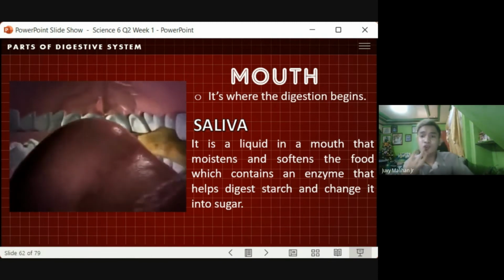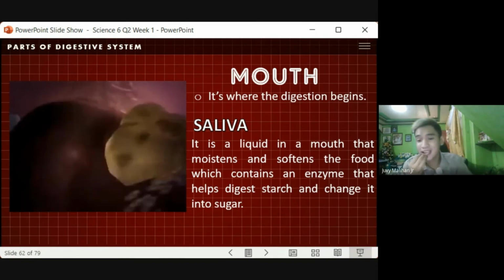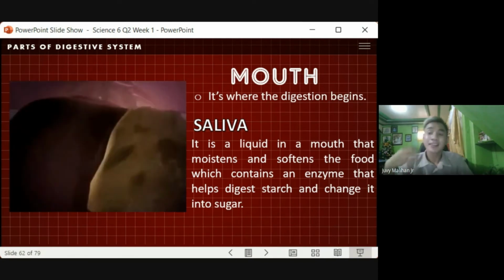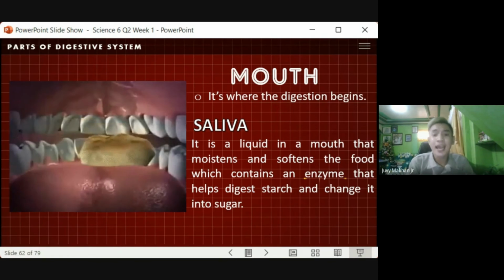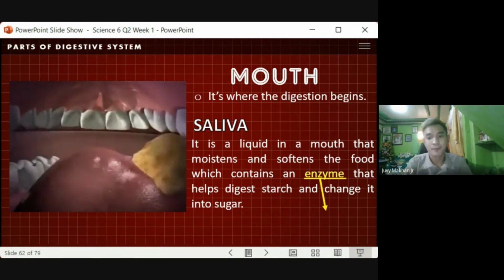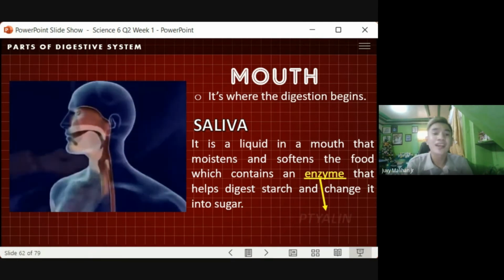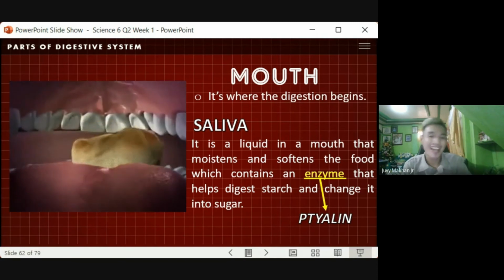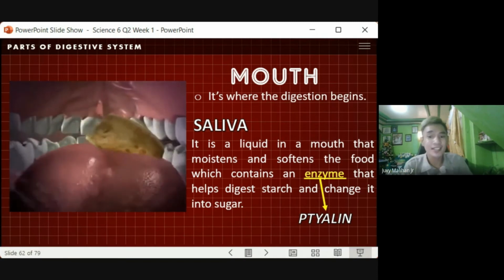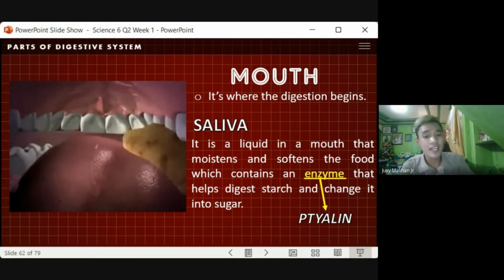When chewing, the food is softened and moistened by the saliva from the salivary glands. This enzyme in the saliva is called ptyalin. Again, ptyalin helps in the digestion of starch.